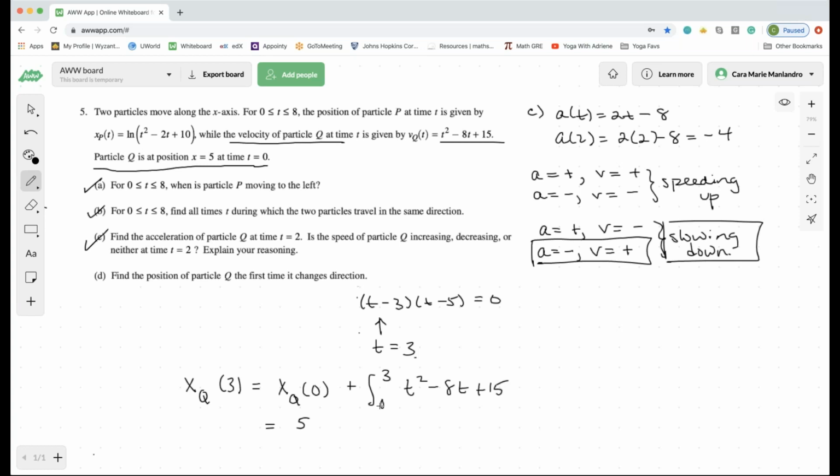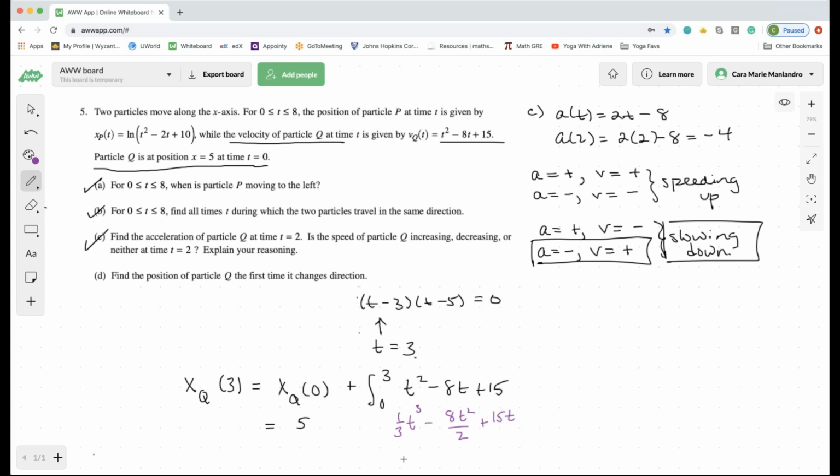I'll go ahead and change color and do that. To integrate, you raise a power, divide by your new power. So this is 8t squared over 2 plus 15t.